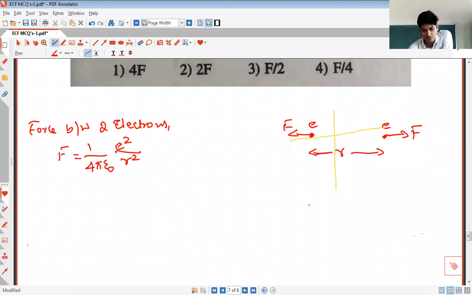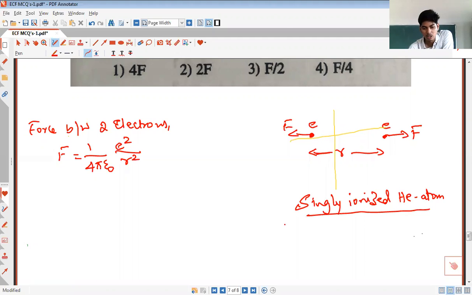We'll first think of a singly ionized helium atom. I have told you what is meant by a singly ionized helium atom. A singly ionized helium atom is one from which one electron is removed. If we remove one electron from a helium atom, that becomes a singly ionized helium atom.